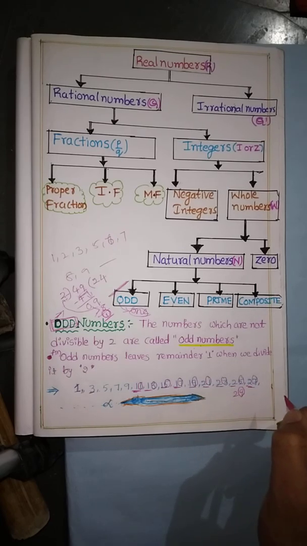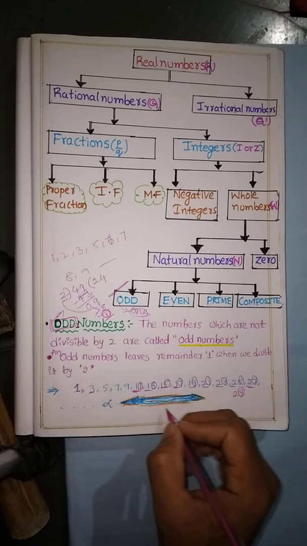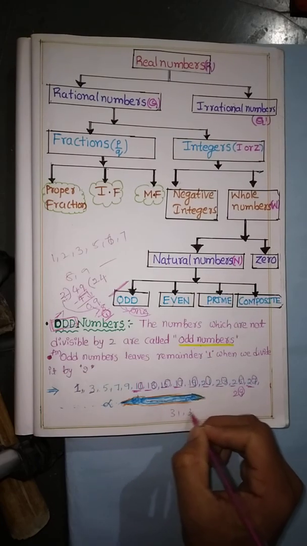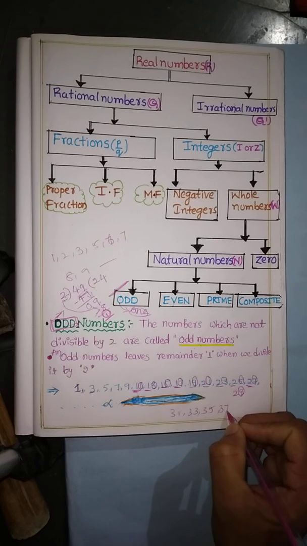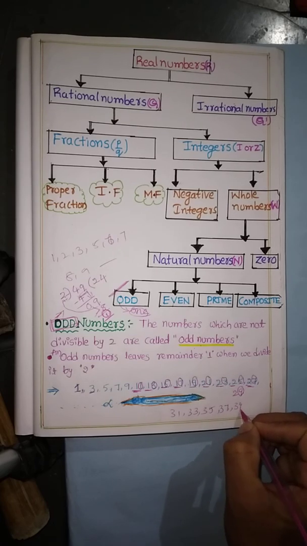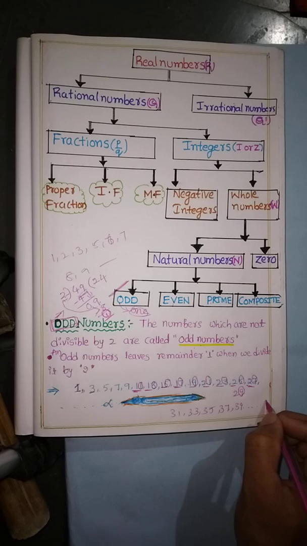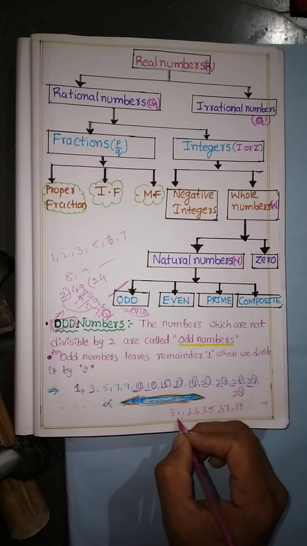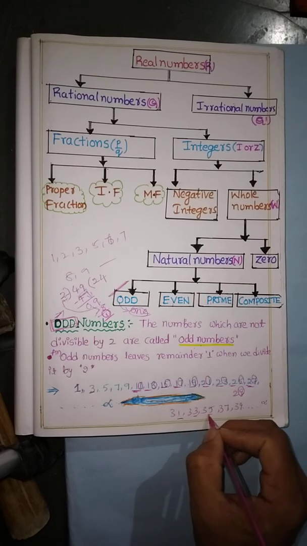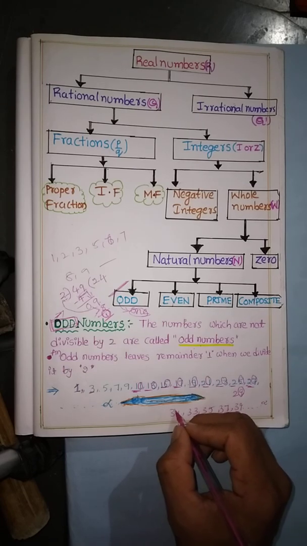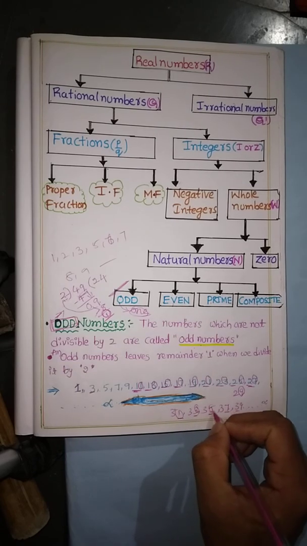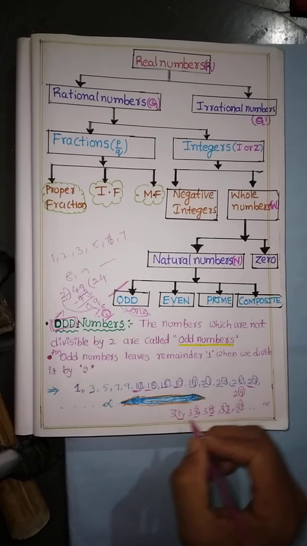Next 31, 33, 35, 37, 39, and so on to infinity. It means observe its ones place value: 1, 3, 5, 7, 9. 1, 3, 5, 7, 9.